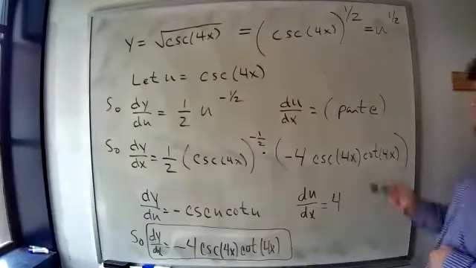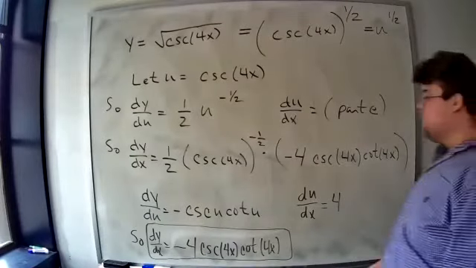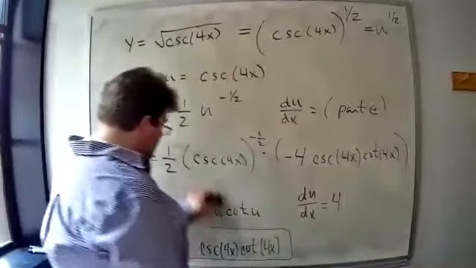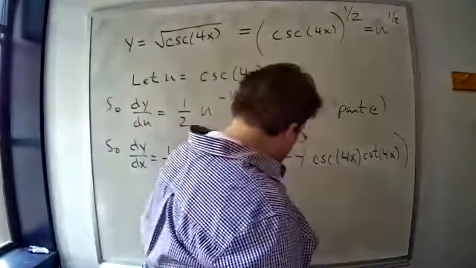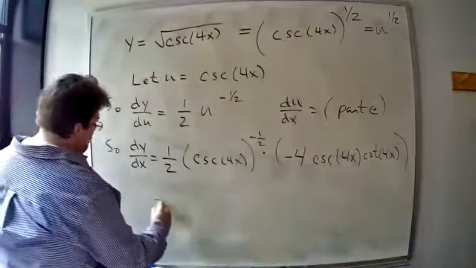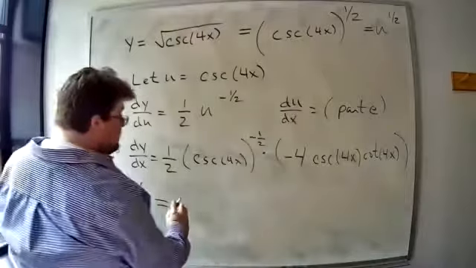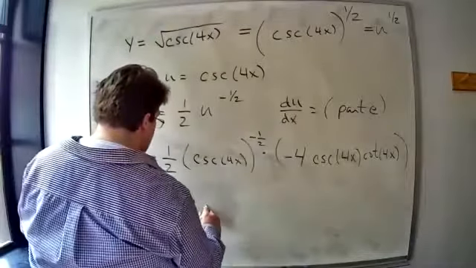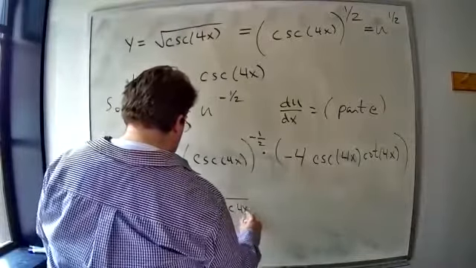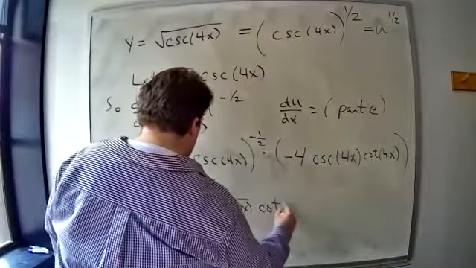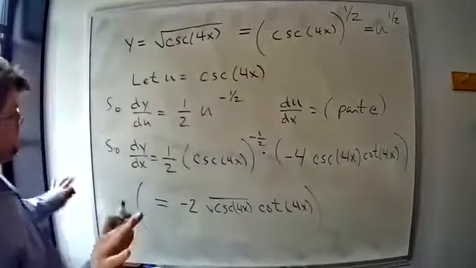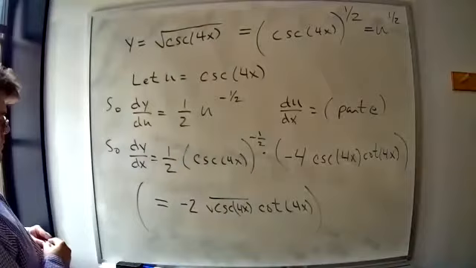For those of you who tried simplifying it, it does equal -2 cotangent 4x times root cosecant 4x. Oh, no, the root is in the top. You certainly do not have to simplify, but if you wanted to, it would equal that.